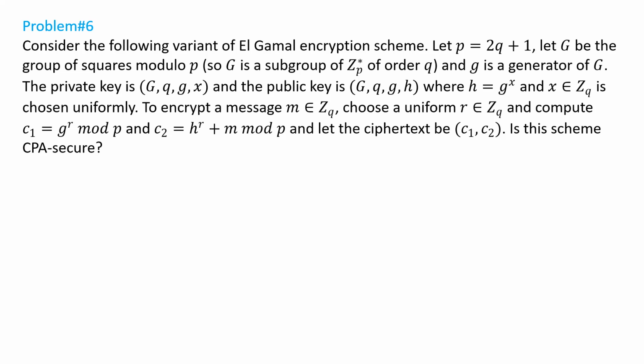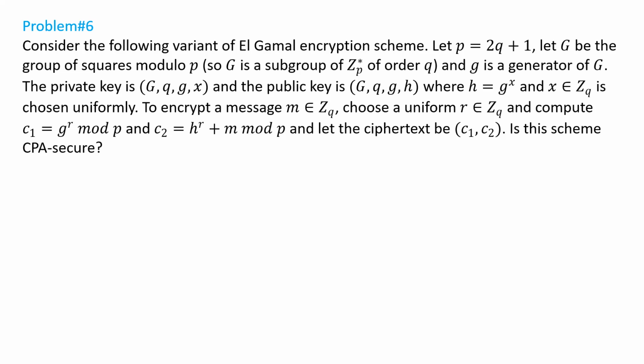As you know, in the standard ElGamal encryption scheme, we return a ciphertext of the form C1, C2, but C1 has the form g to the power r and C2 has the form h to the power r into M, right? So h to the power r gives the value of g to the power xr, which is the key, indistinguishable from any uniform random element of the group G, and then with that key we mask the message M. So we perform M times K.